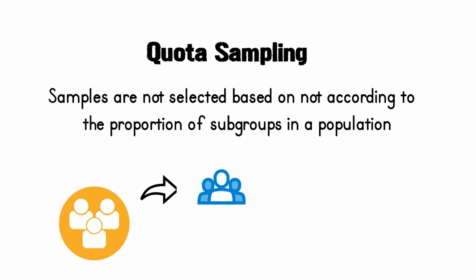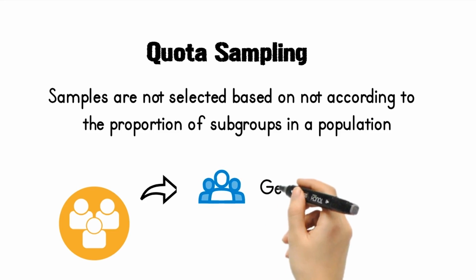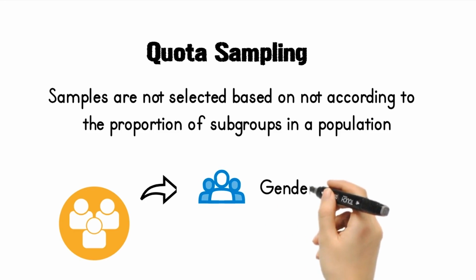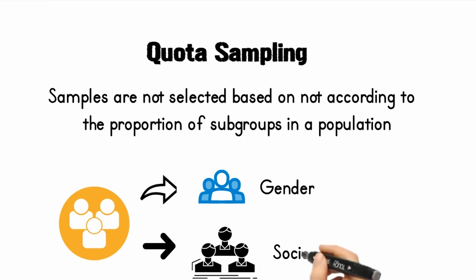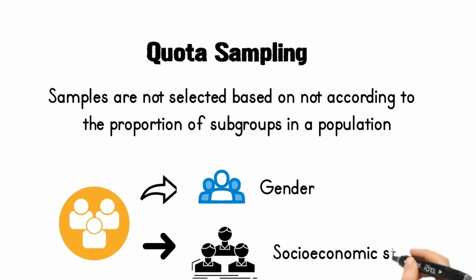For example, if the proportion of a subgroup such as race in Malaysia is 60, 15, 15, 10 for Malay, Chinese, Indian and other minority races, a researcher needs to identify other categories of subgroups which people from different races belong to, such as their gender, education level and socioeconomic status. In this case, there are layers of categories of samples that need to be identified first before they are selected.